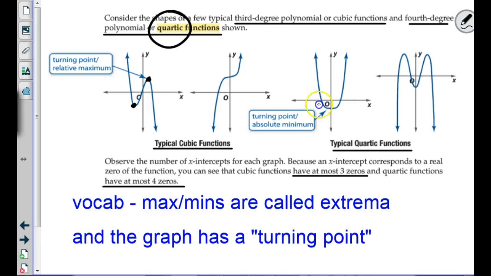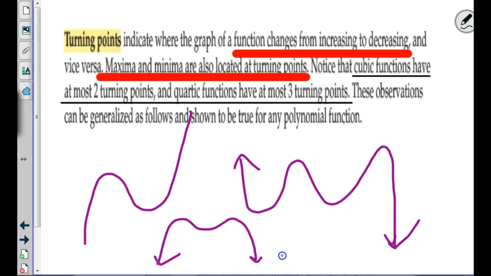A degree 4 could have only one min, or it could have a max, a min, so 3 turning points. The maxes and mins are called extrema, but it's also called a turning point in the graph. Everybody get when I say turning point? Just means the graph changes direction.